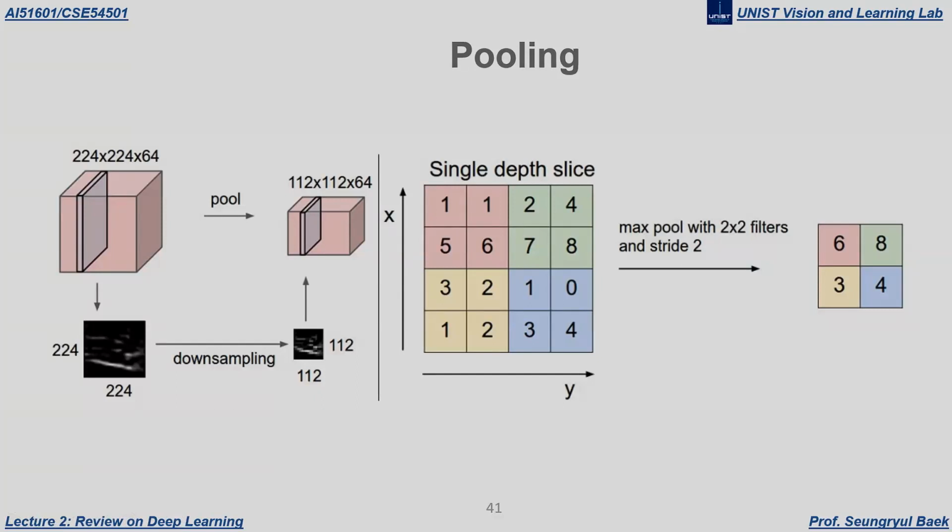This is also differentiable because it can be interpreted as multiplying 0 to all the unselected values and multiplying 1 to the selected values. So this is also a differentiable module.